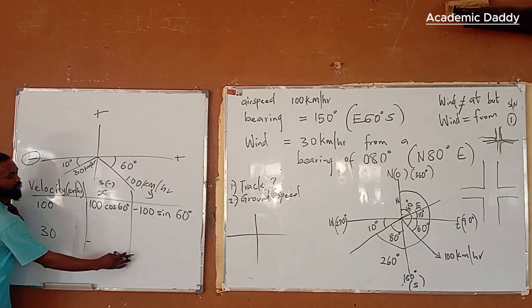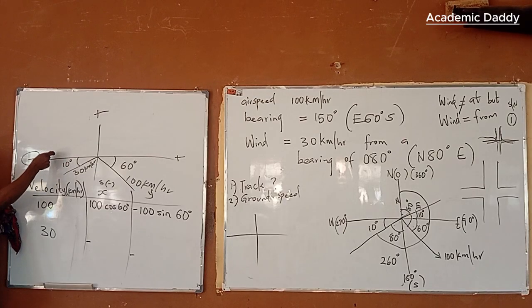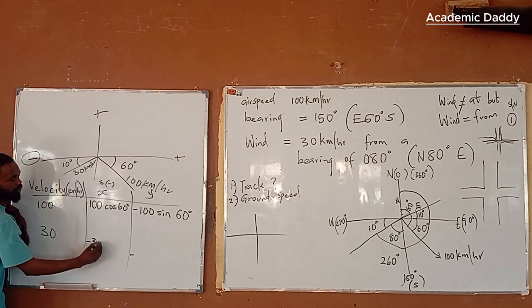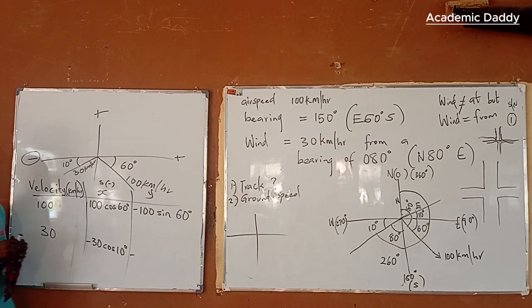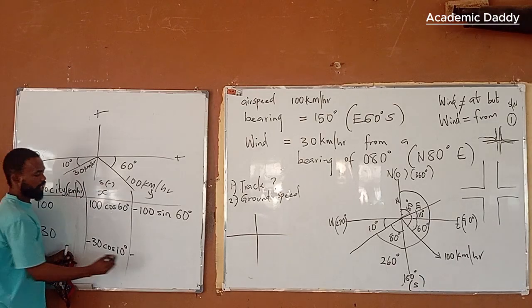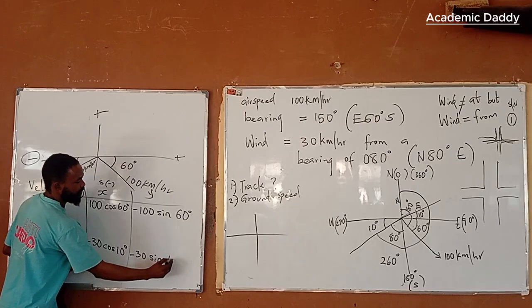Go and put it so you don't forget it. If I'm taking this 30 to x-axis, am I closing this 10 degrees angle? So I will have towards the angle what? Cos 10 degrees. If I'm carrying this 30 kilometers per hour to y-axis, this particular angle here, am I opening it? Yes. So I will have minus 30 sine 10 degrees.